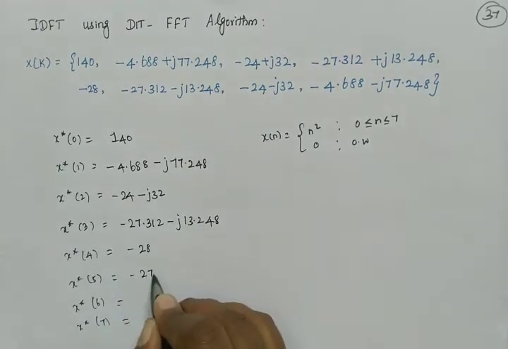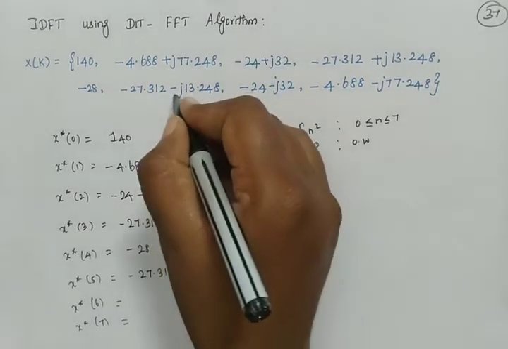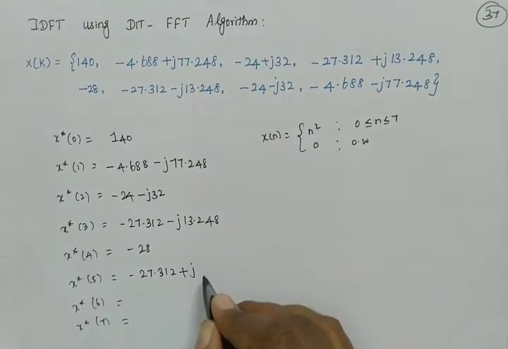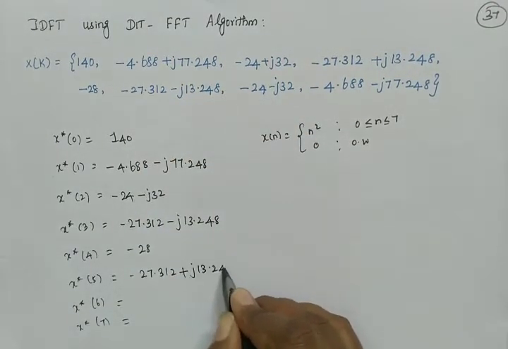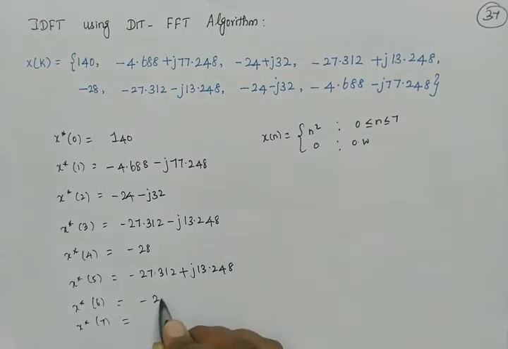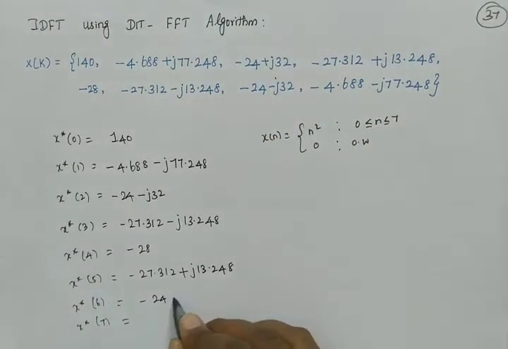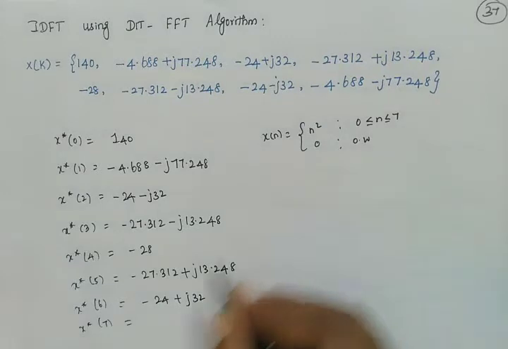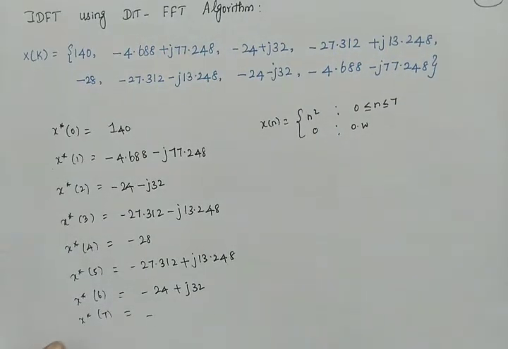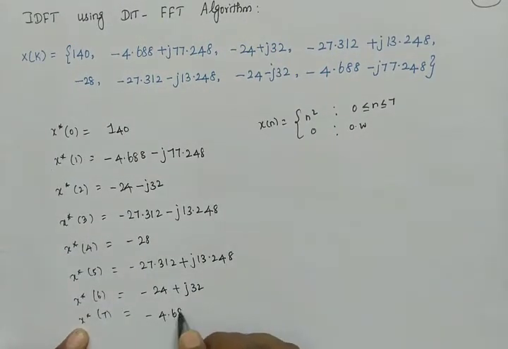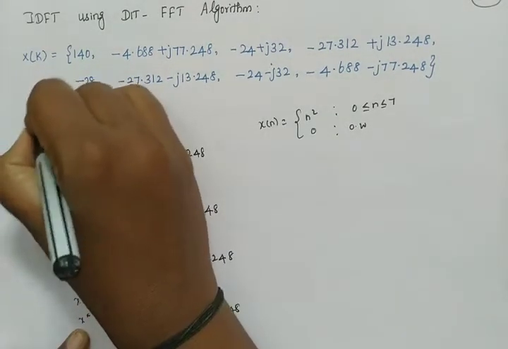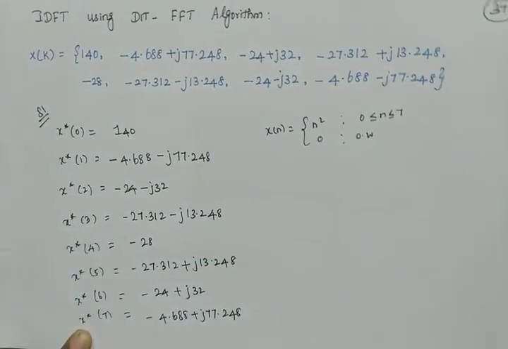Here it is minus 27.312, here we have minus, so plus j 13.248. Then the next one is minus 24, here we have minus, so plus j 32. Here it is minus 4.688, here it is minus, so plus j 77.248. So this is our step 1 in the inverse discrete Fourier transform.